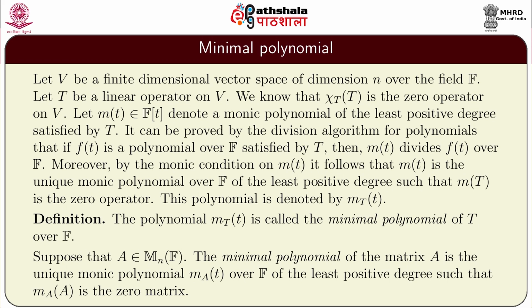Moreover, by the monic condition on m(t), it follows that m(t) is the unique monic polynomial over F of the least positive degree such that m of the operator T is the 0 operator.